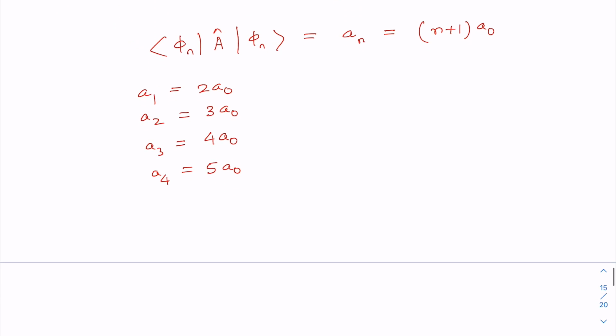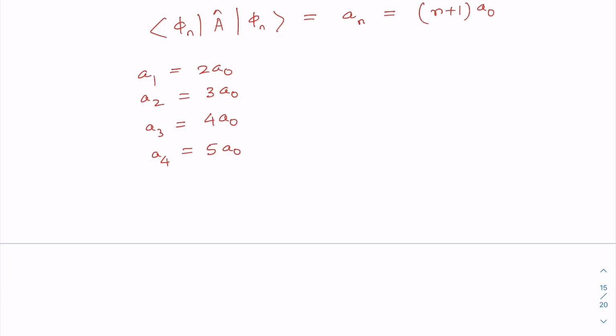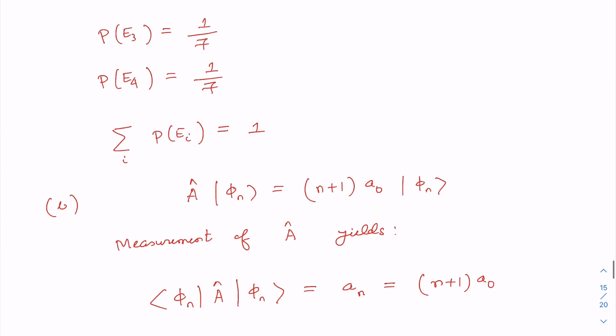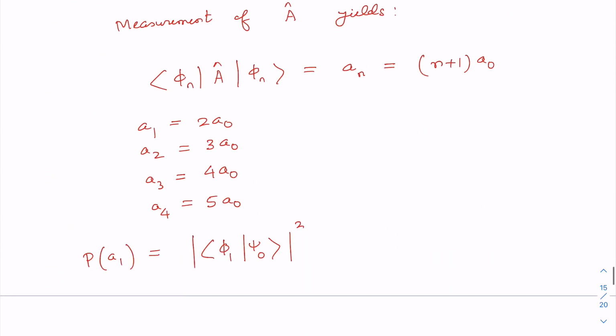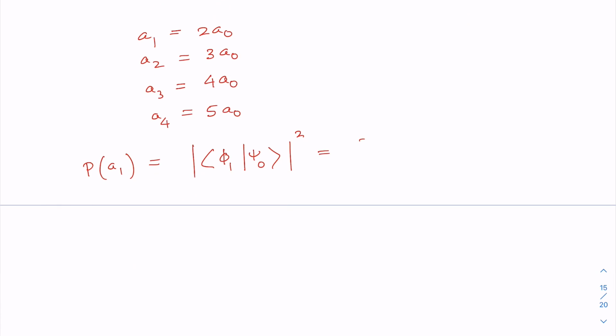Now with what probability? What are the corresponding probabilities? The probability of getting the value A1: if you want A1, then you have to be in the state phi 1. You were initially in the state psi 0, you have to go from psi 0 to phi 1, then you take the mod square, and as you can see from here, that would be nothing but 2 by 7.